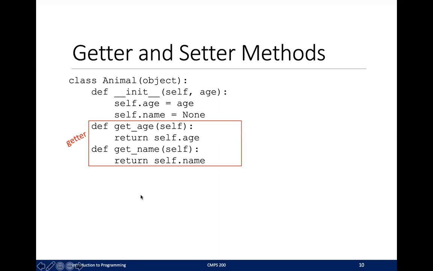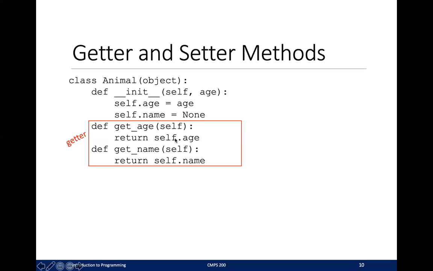What do I mean by this? I have here 2 properties, age and name. These are the 2 data attributes that I have for an object of type Animal. I'm going to define 2 functions: one is called getAge, and one is called getName. These are getters. Their job is to get me the value of the attribute.